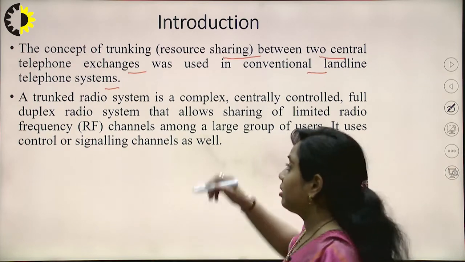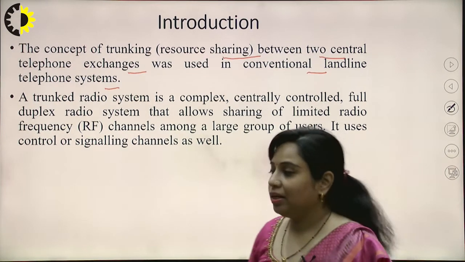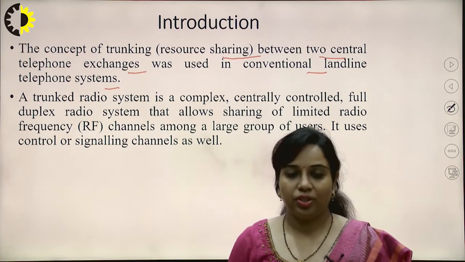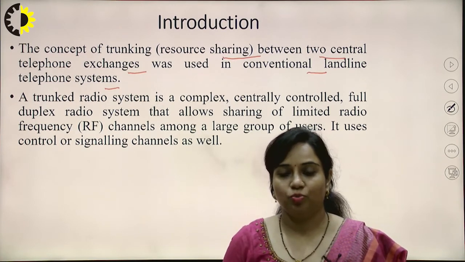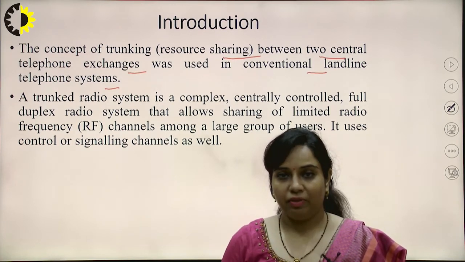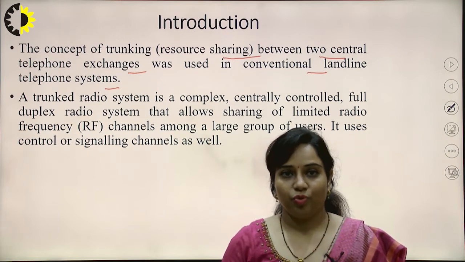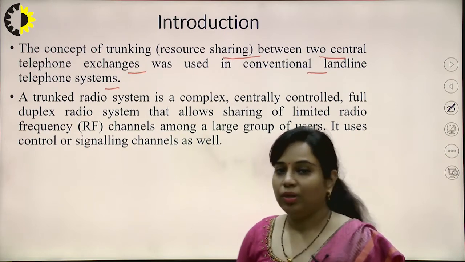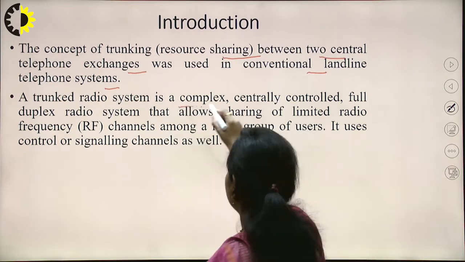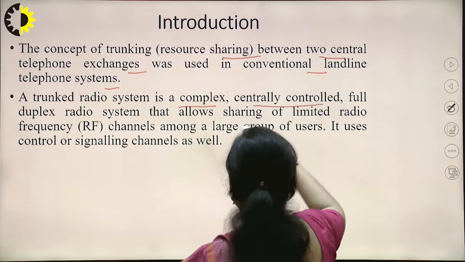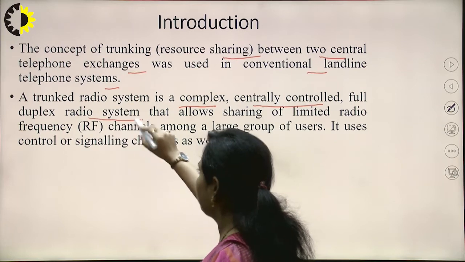The concept of trunking is basically sharing the available resources between the transmitter and receiver when more than one user is there. Between two central telephone exchanges there is an exchange of information. A trunked radio system is a complex, centrally controlled, full duplex radio system.